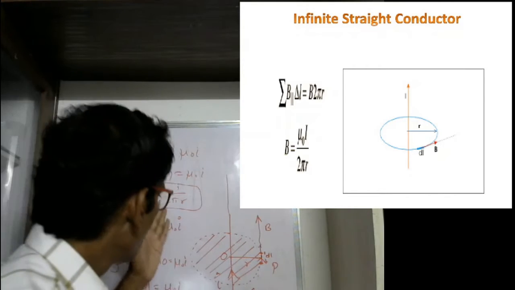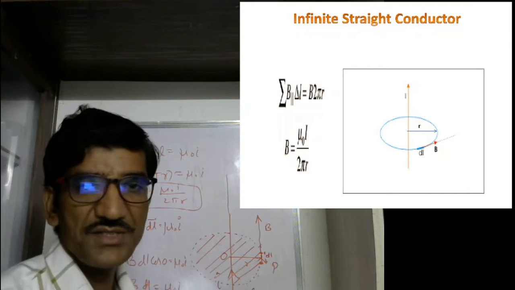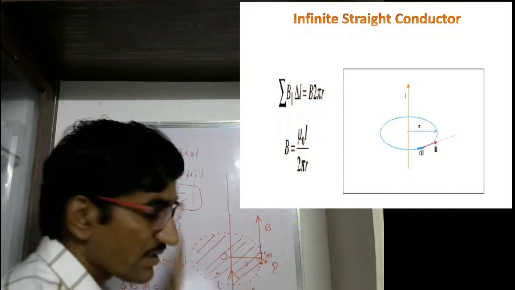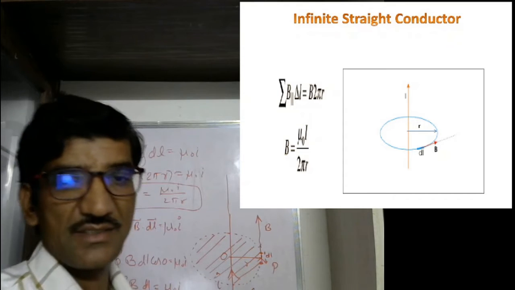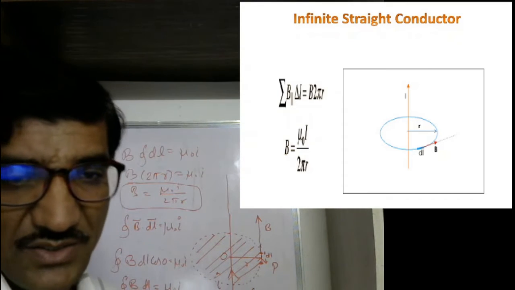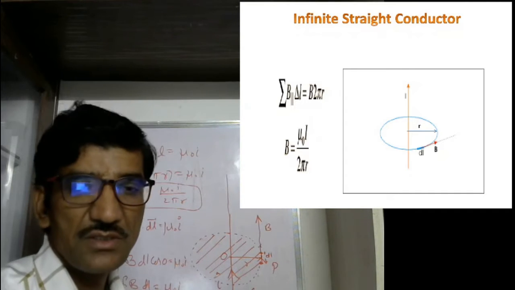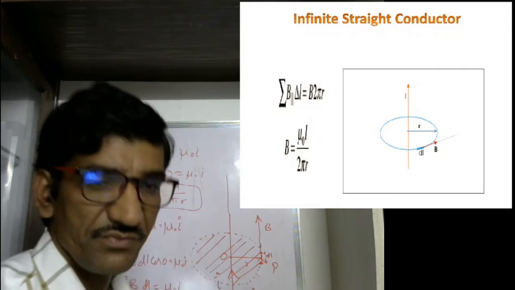We got the same formula for the same problem by application of the Biot-Savart law as well. But the time required to calculate is greatly shortened in this case. So whenever we have symmetry in the problem, we always choose Ampere's law to find the induced magnetic field.